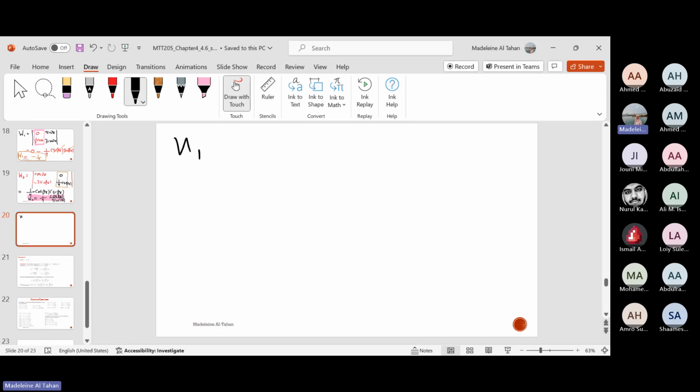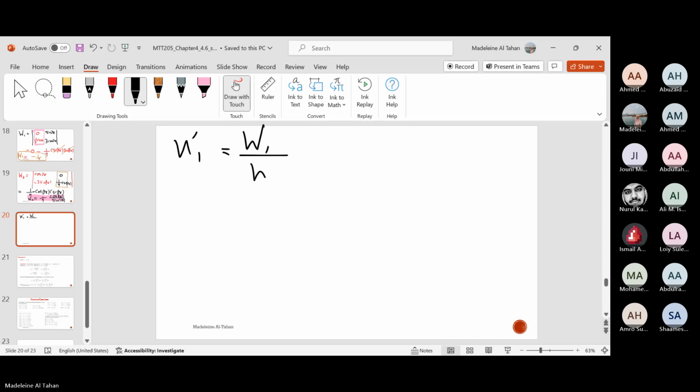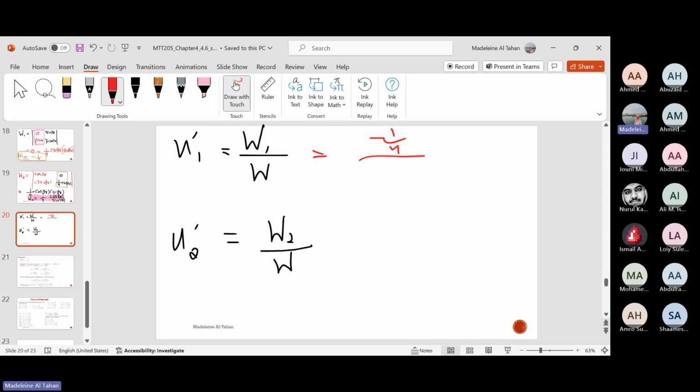u1 prime is equal to w1 over w, and u2 prime is equal to w2 over w. What was w1, miss? W1 was negative 1 over 4. Negative 1 over 4 over w, it was 3, right?